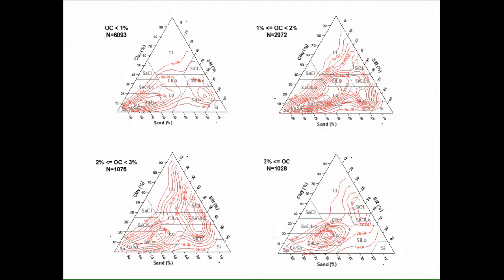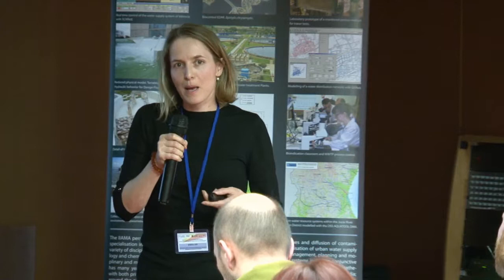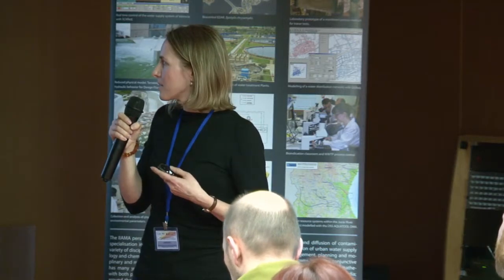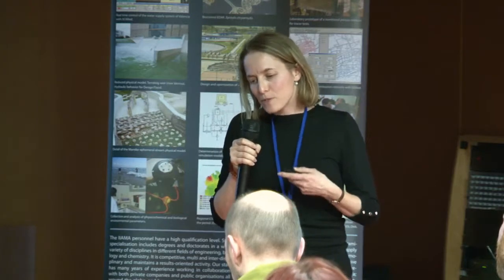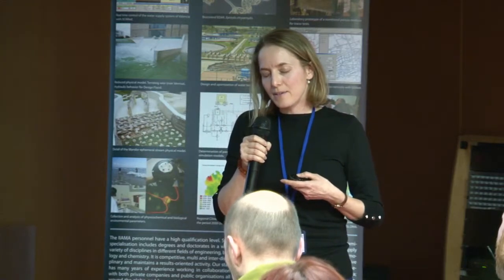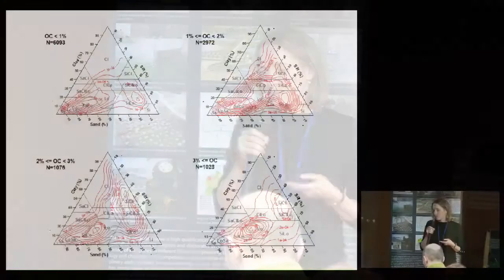Of course, we do not have every chemical and physical data for all the samples, but it was a great step forward that it was possible to analyze the effect of the chemical properties on the soil hydraulic properties.